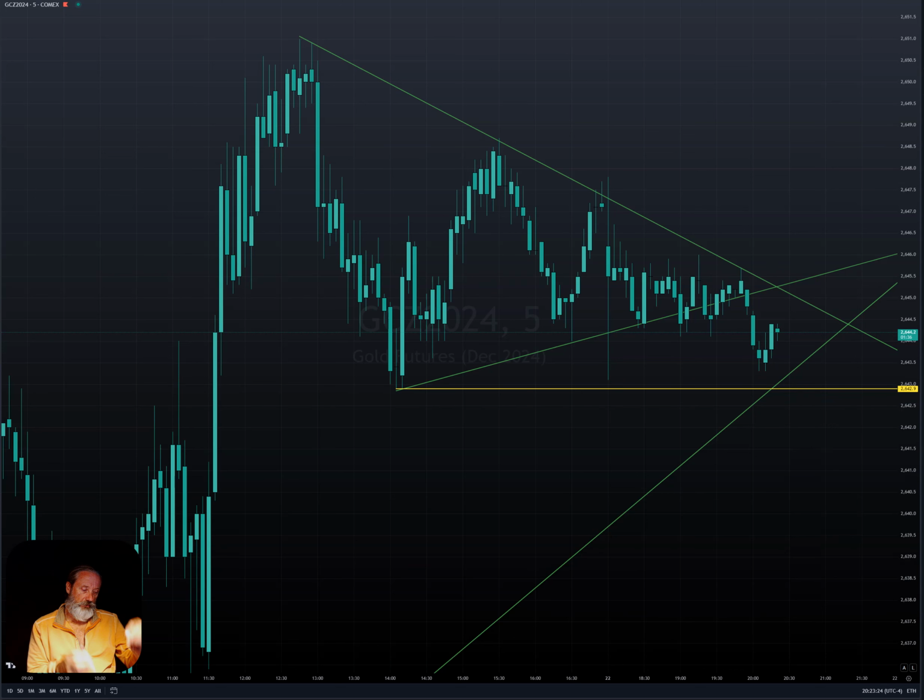So I've backtested some stuff. And backtesting is also something you have to be wary of, because it's not going to give you fully accurate results.